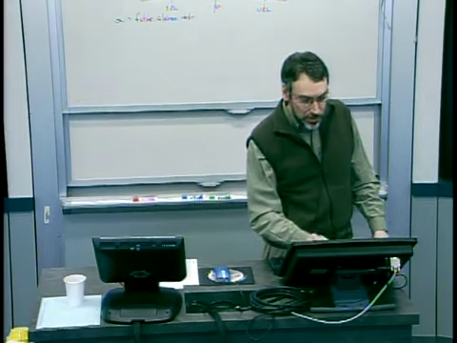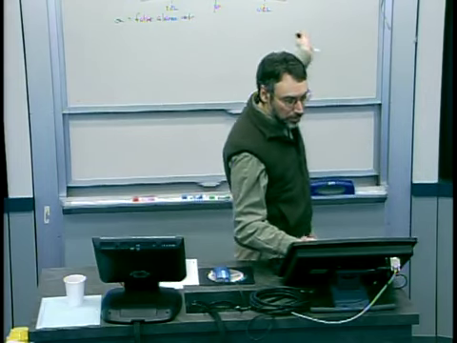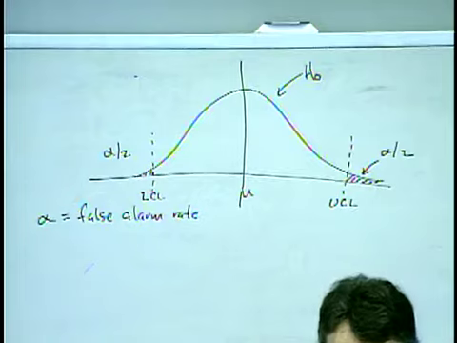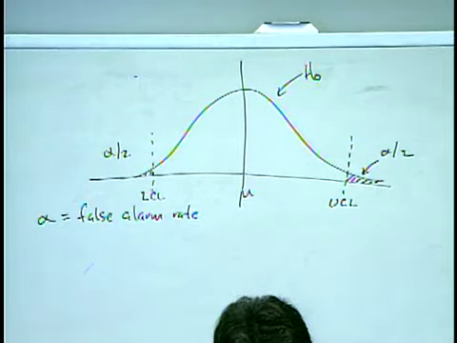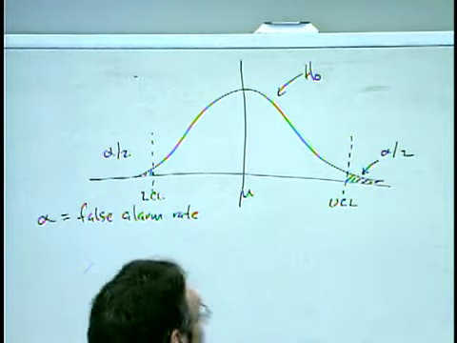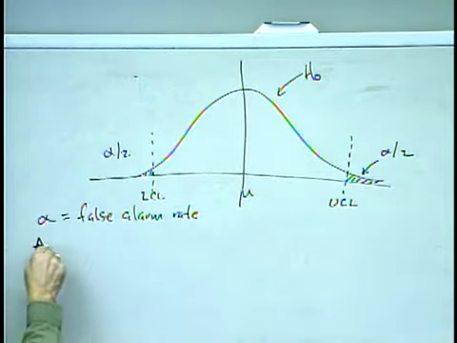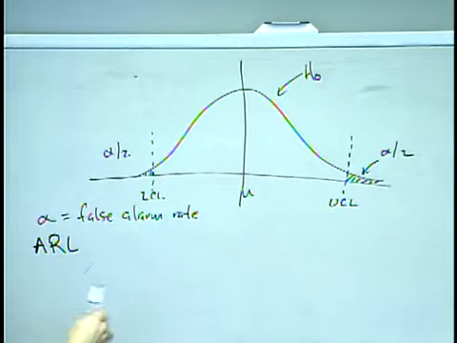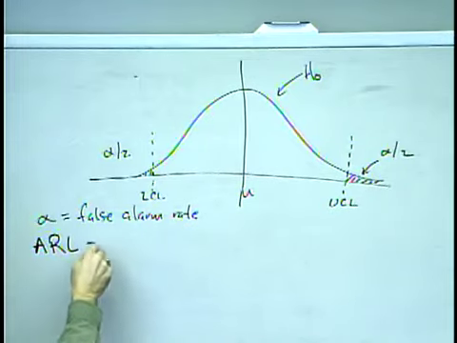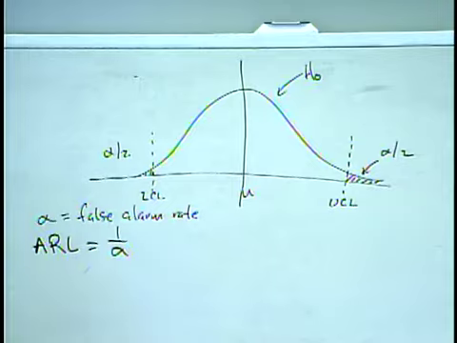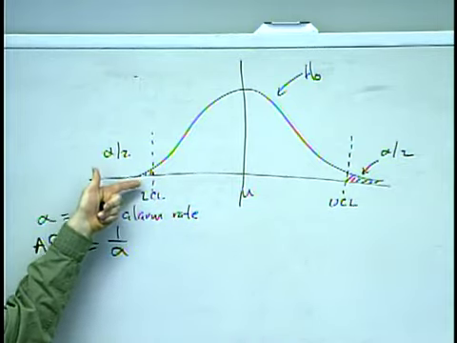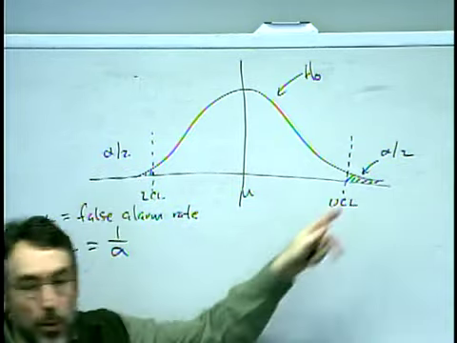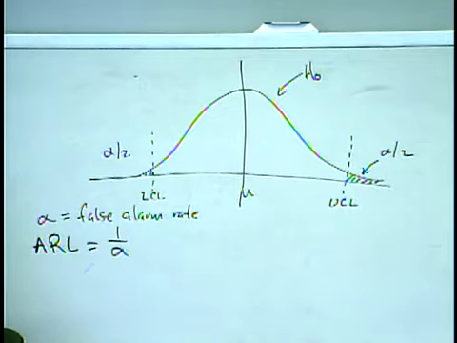So looking back here, this is our nominal probability. Again, 3 out of 1,000. But now if I turn it around and ask the question, what is the average number of runs that we have to go? Well, it's just 1 over that probability on any one run of having the point fall in the tails.